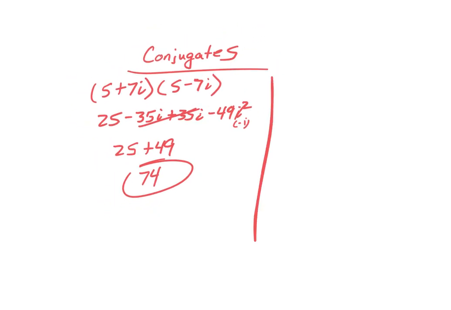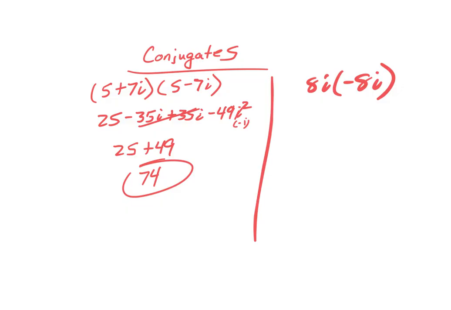One other example of conjugates, and this one's a little bit easier, would be 8i and -8i. Those two are conjugates. Remember we talked about at the beginning, it's really like putting a 0 in front: 0 plus 8i, 0 minus 8i, but we don't need the zeros there. So 8i and -8i are conjugates.